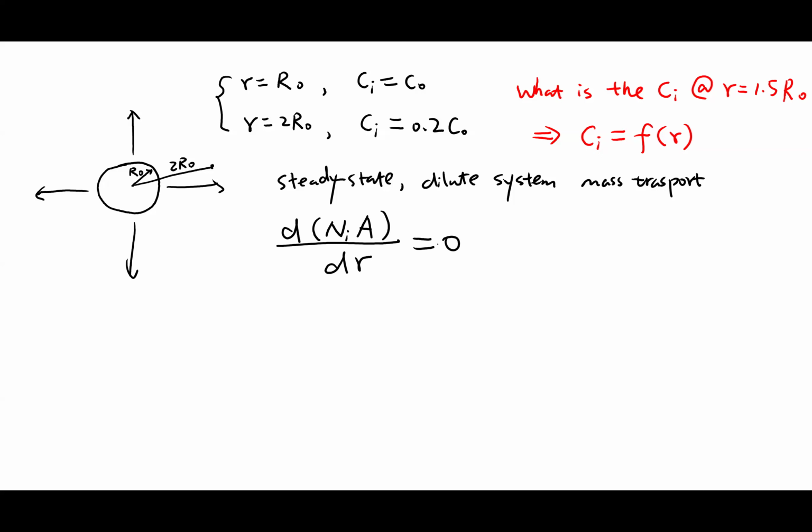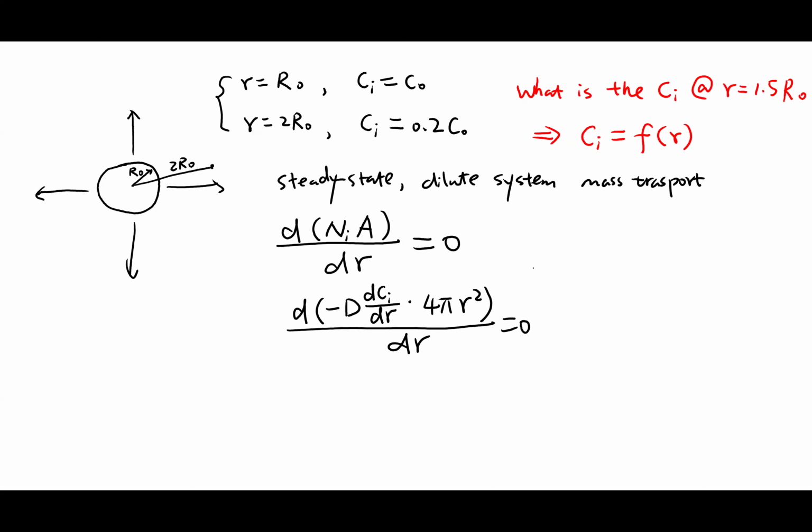For the flux, we can use Fick's law, so that is negative D dCi over dr. And the area, because it's a sphere, is 4 pi r squared, over dr equal to 0.